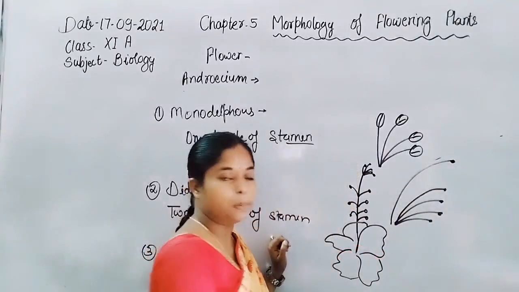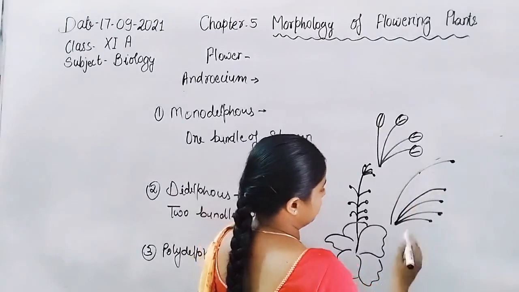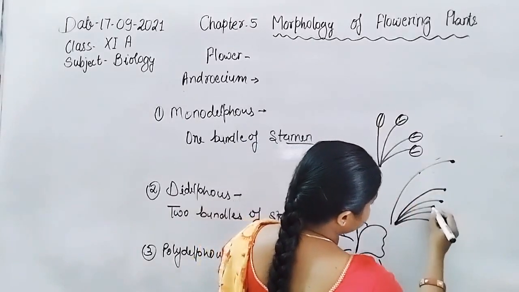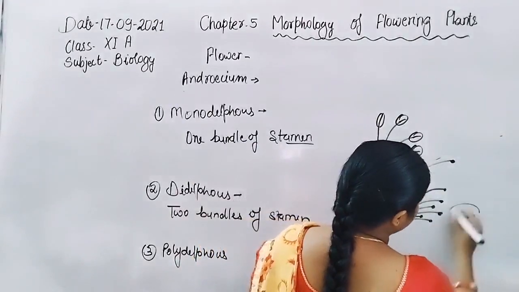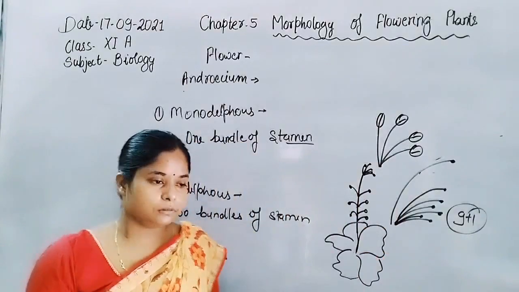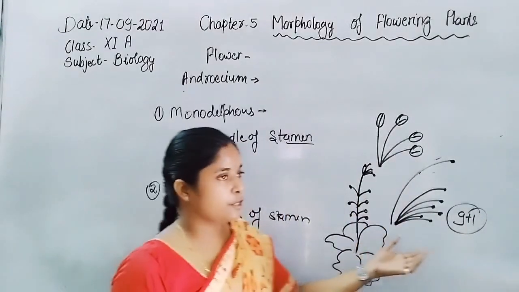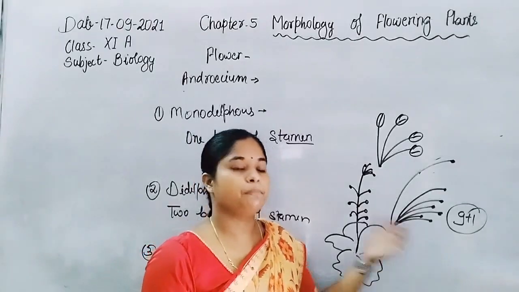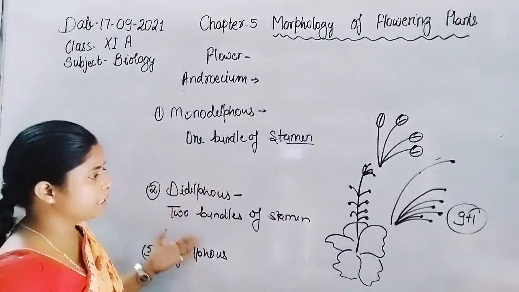There are two bundles, the first bundle and the second bundle, as in the case of the pea plant, in Leguminosae, where a 9+2 arrangement is observed. So the example is the pea plant.